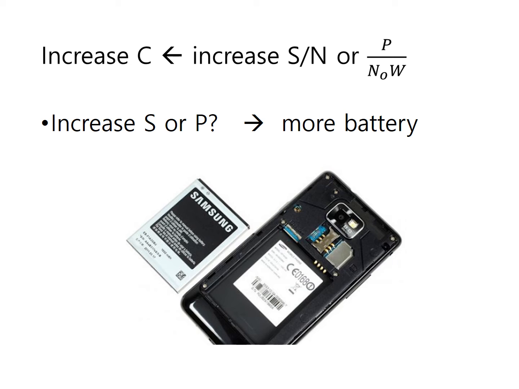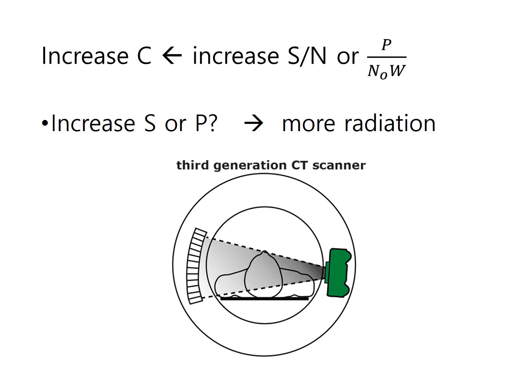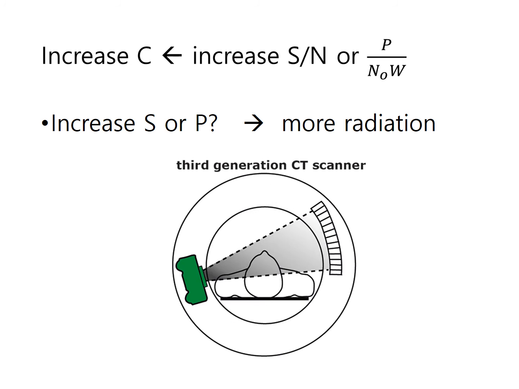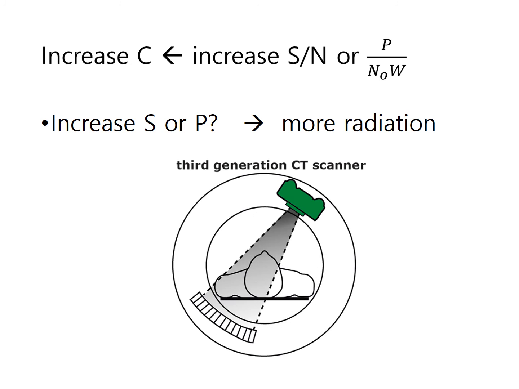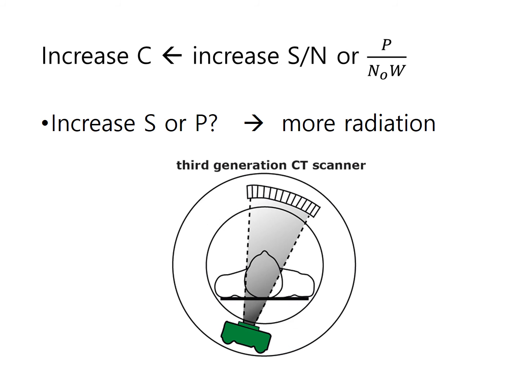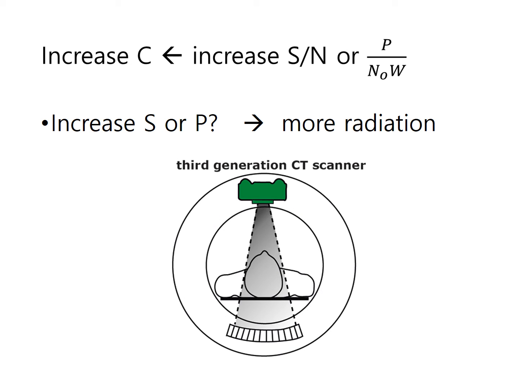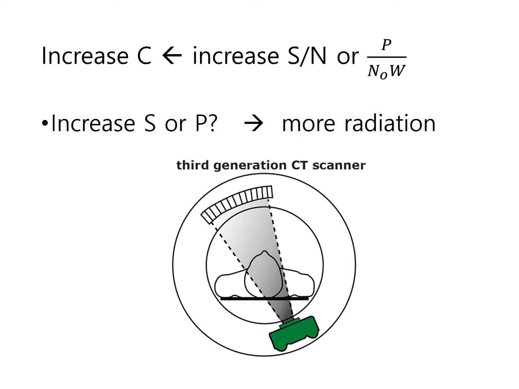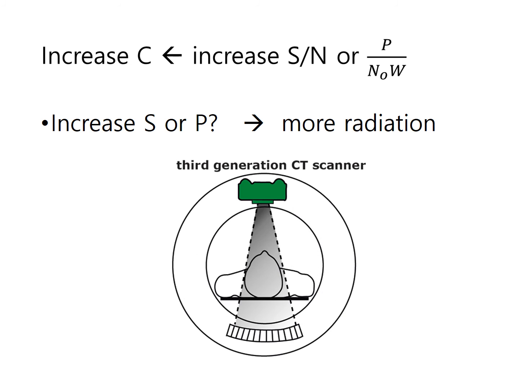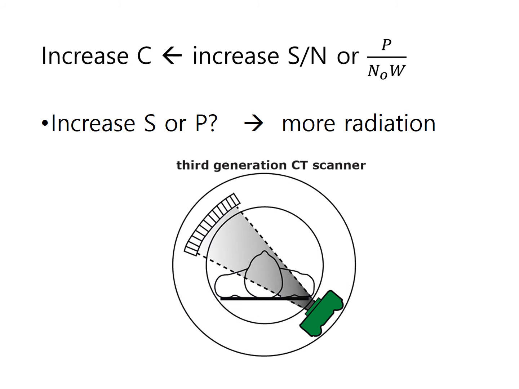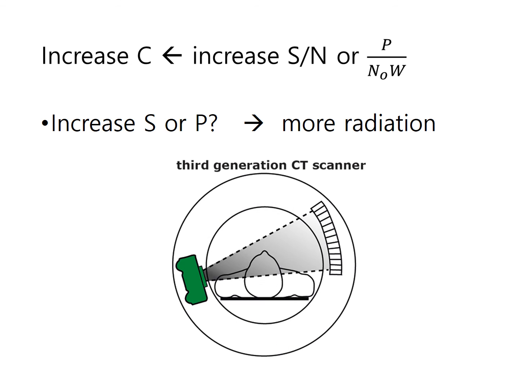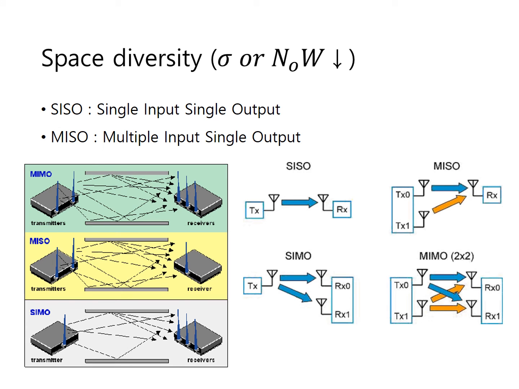Think of it in radiological medical imaging system like CT, computed tomography. In this case, increasing the signal power means getting more radiation. After all, in most communication studies, increasing channel capacity is accompanied by increasing SNR.